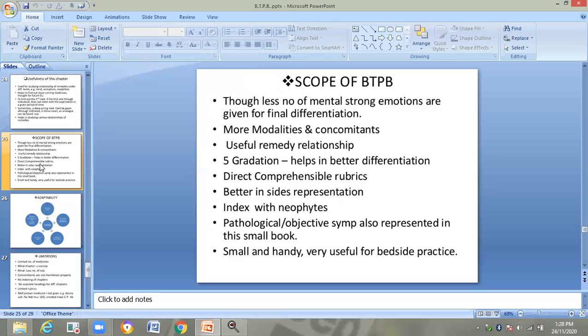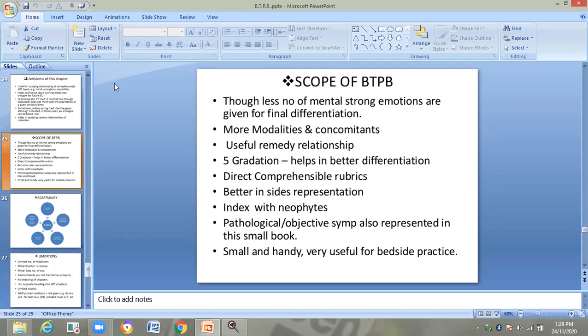Then the scope of BTPB. Though fewer mental and strong emotion symptoms are given, Dr. Boenninghausen does not use them, nor does he advise using these mental and emotional symptoms for proper repertorization.